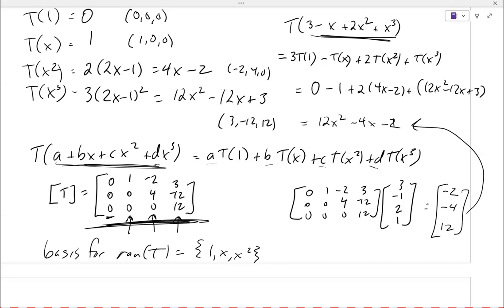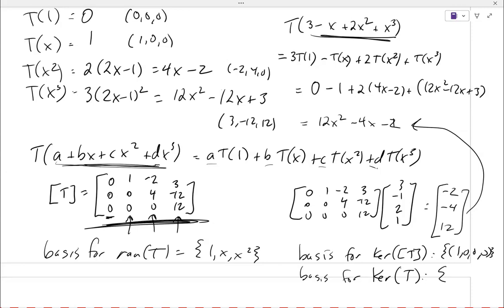So in this case, from a matrix standpoint, the basis for the kernel would be 1, 0, 0, 0. But if I contextualize it back to what we have, what does that vector correspond to?